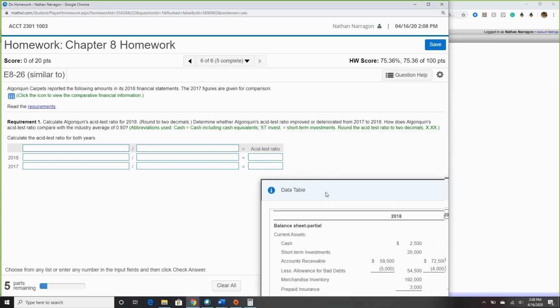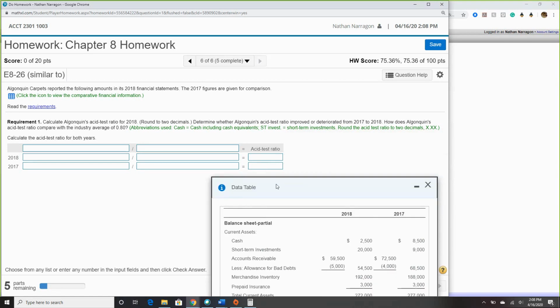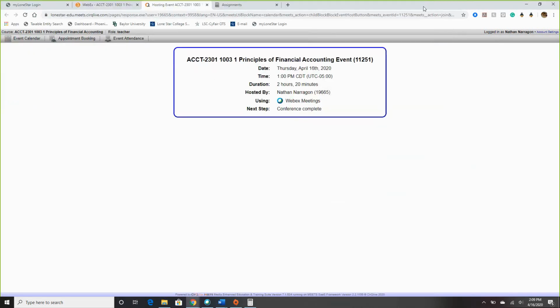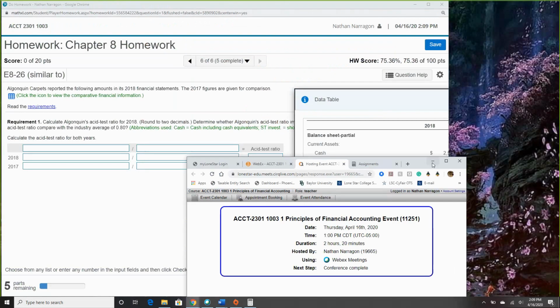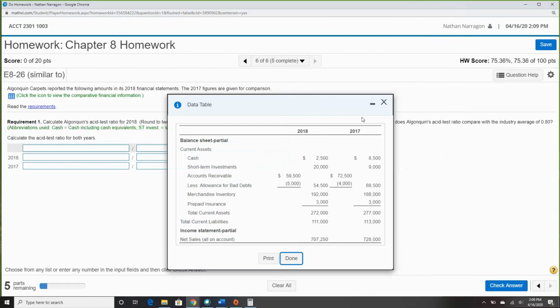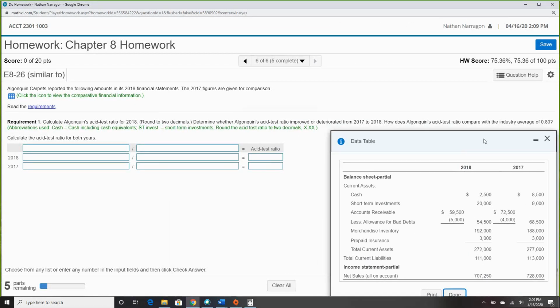Okay. So, going over the ratios, let me do it that way. There we go. That's a little bit easier.